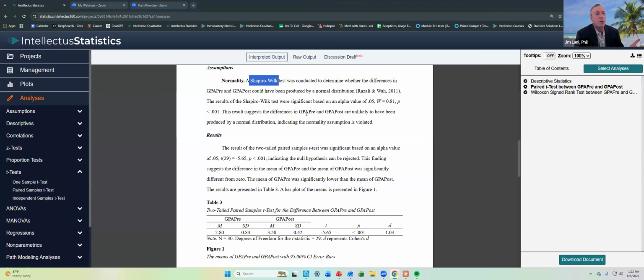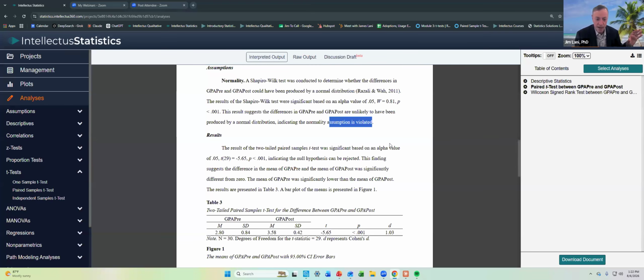And when you read in articles, at least you're starting to familiarize yourself with some of these tests and have heard the word before, right? I don't expect everyone to be a statistician, but we should have some familiarity with these different names and tests. As it turns out, when that assumption is significant, okay, that means that assumption is violated.